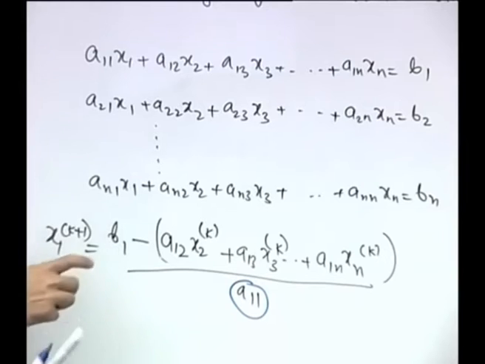So, let us write the next step by considering one example Jacobi, another example Gauss-Seidel.